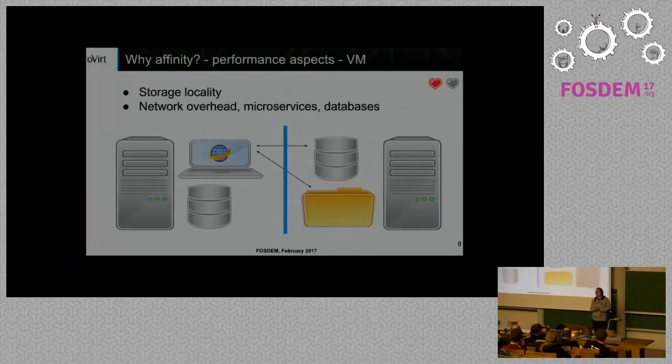Now, another case: storage locality, performance, network overhead. That all can be solved or improved by using affinity. What happens here is you have a virtual machine, again, that provides you some web service. And it needs to talk to its database. It needs to retrieve the data you put on there.